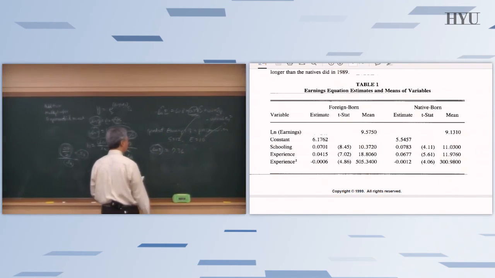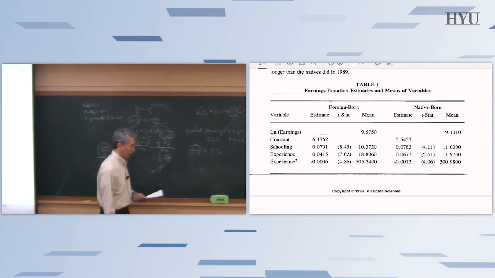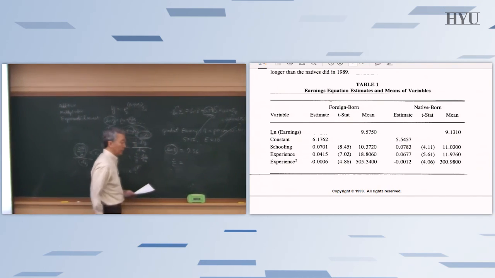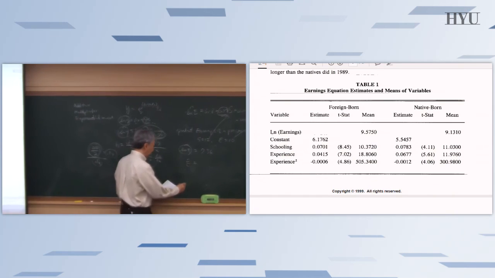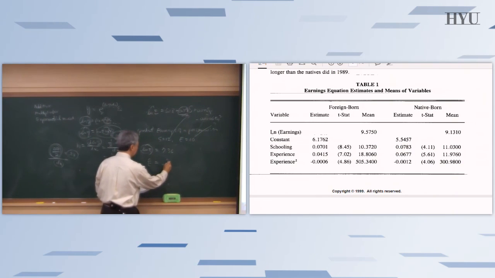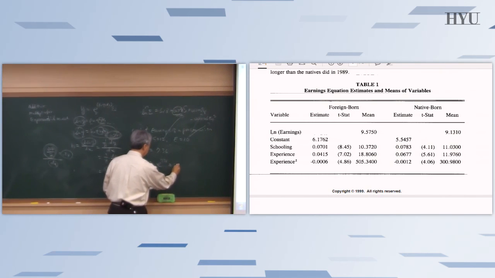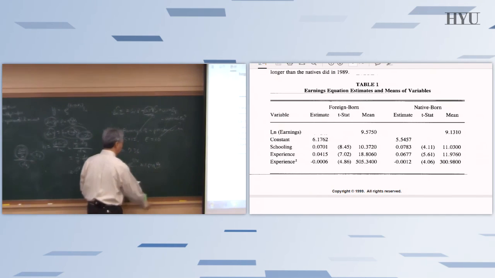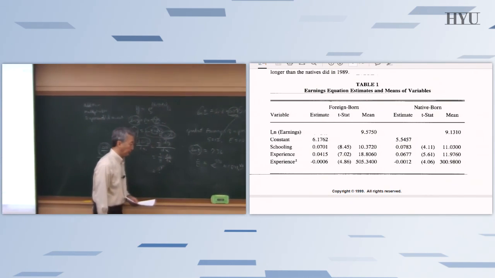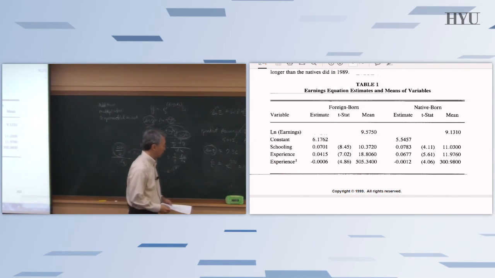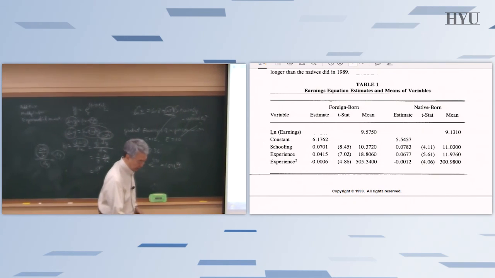Remember, this is the log, or natural log, of earning. So the actual predicted earning is e to the power of 7.36, which is 1,571.84, something like that. So maybe this was the monthly earning, $1,571 and something.